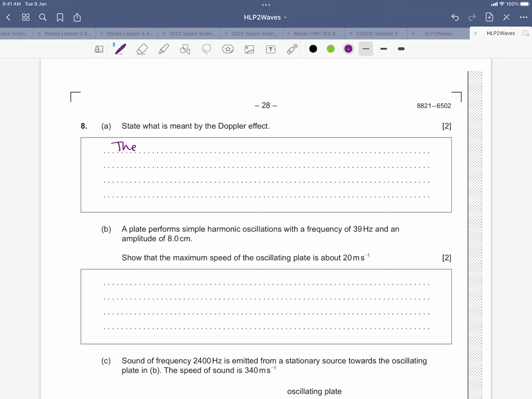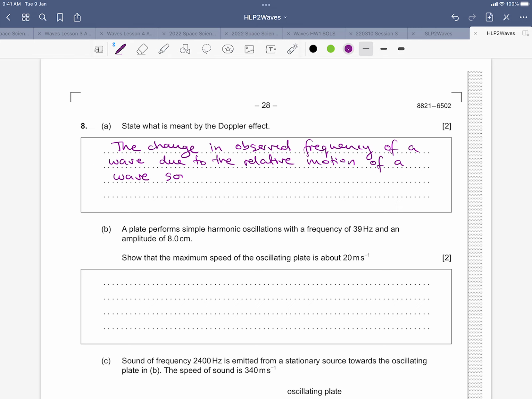So we could write that it is the change in observed frequency of a wave due to the relative motion of a wave source and an observer.